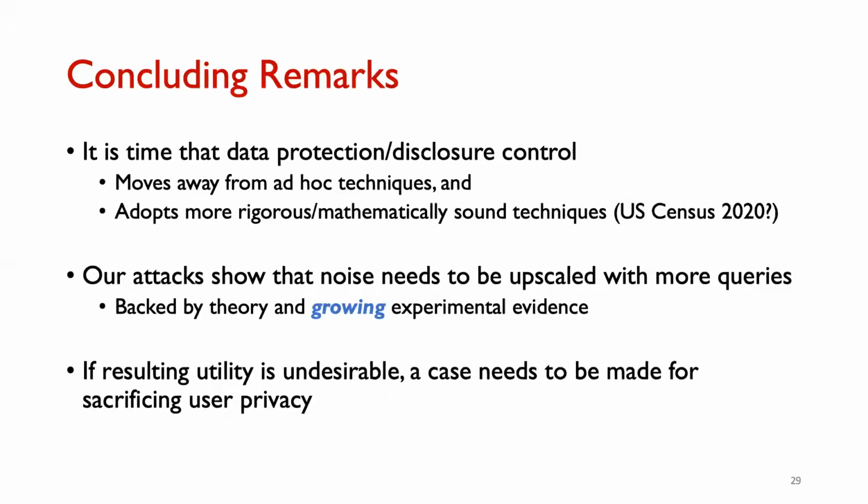And our attacks show that if we were to use these techniques, then the noise needs to be upscaled with more queries. This is backed by theory, like differential privacy, and a growing number of experimental evidence, as also discussed in this paper. Now, given these rigorous methods, if the utility is still undesirable, then a case should be made for sacrificing user privacy.